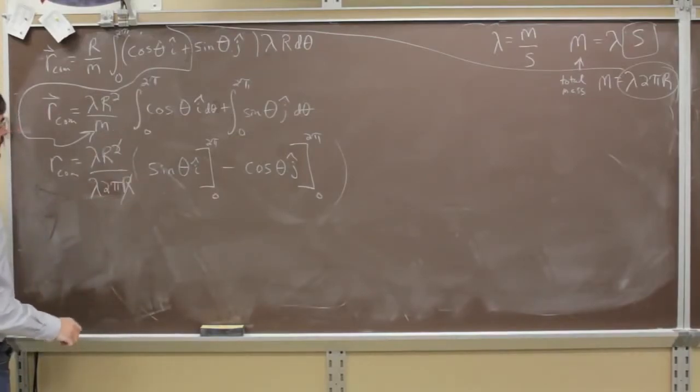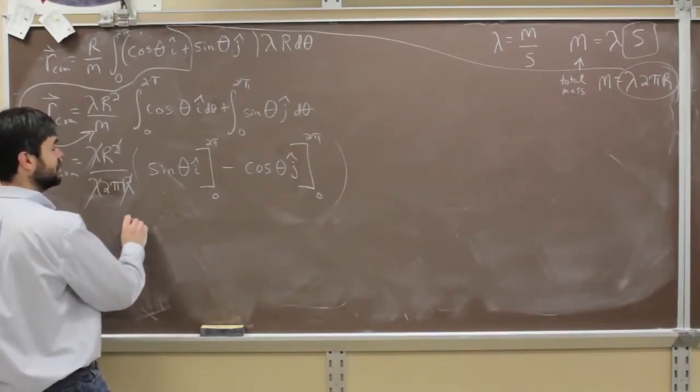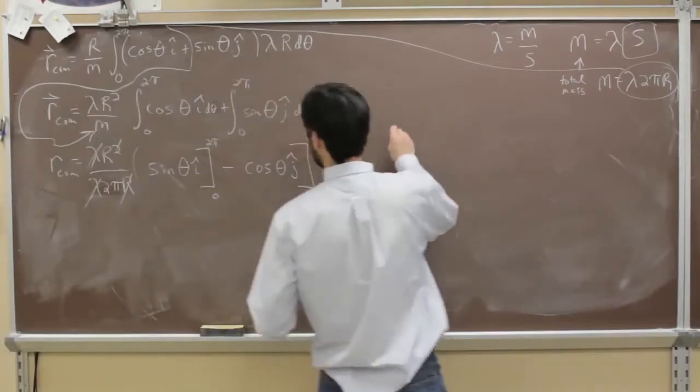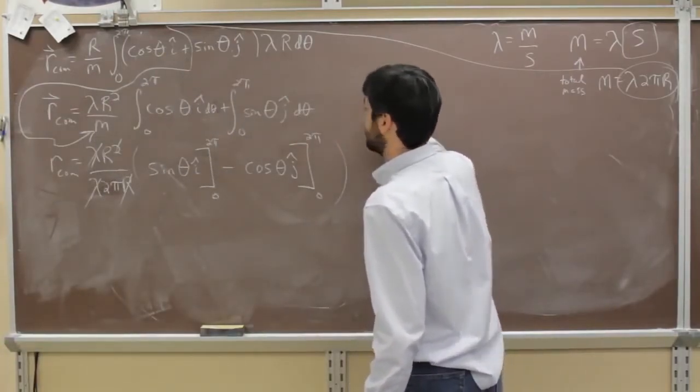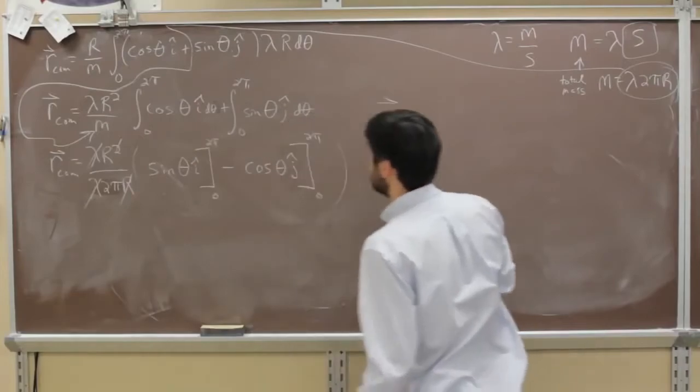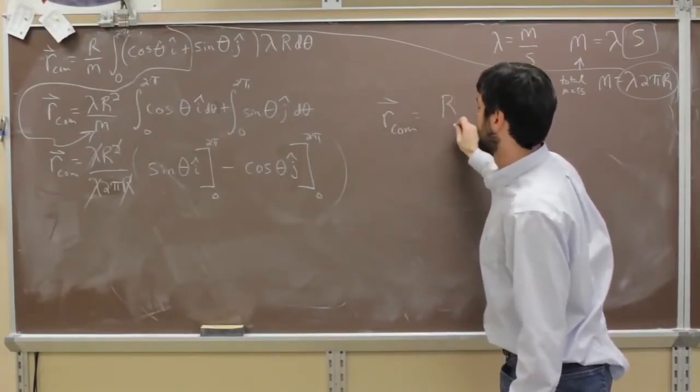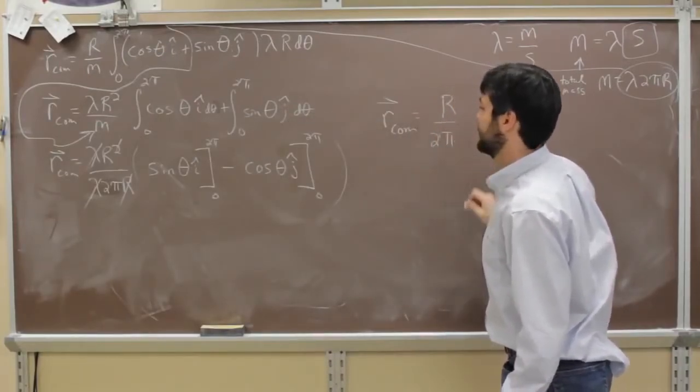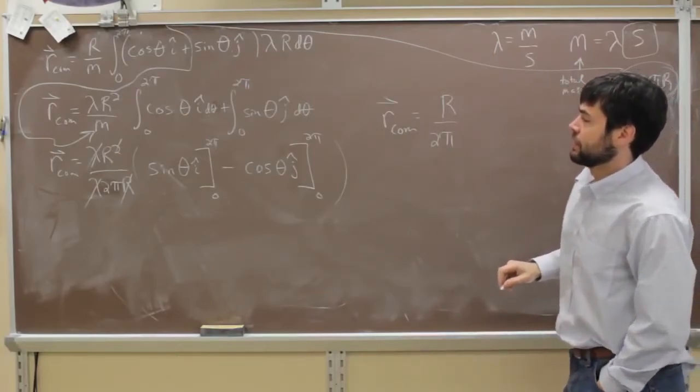The r squared is gone, r's gone, lambda's gone. So we're getting close here, and now we can actually do this. So we've got rcom, my vector, that's r over 2 pi.